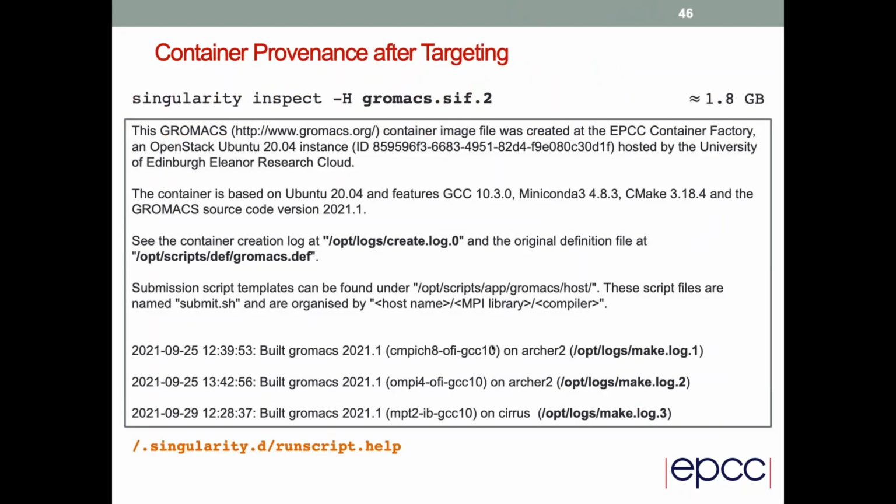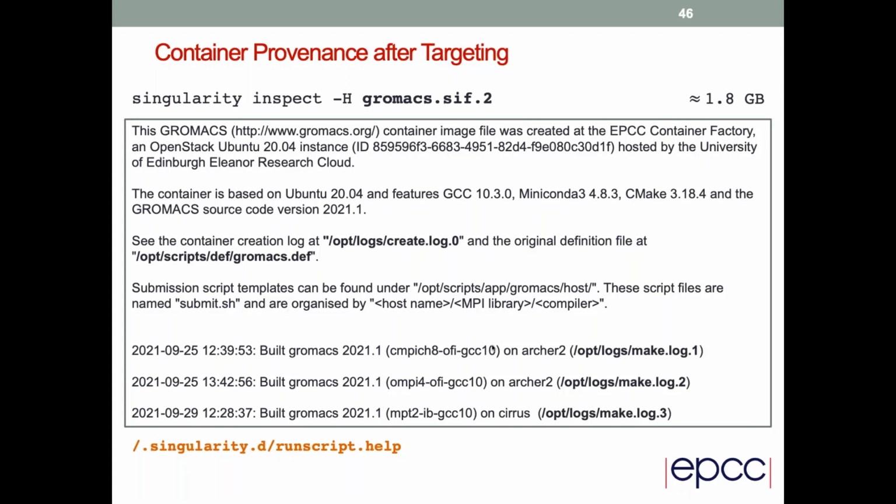And so if I go back to the provenance information that I talked about before, what you're seeing now is the same information that you saw when I first created the script, but down below you've got 3 extra lines that show the output from 3 successful targetings. The first 2 were both to Archer 2, for Cray MPICH and for the Open MPI library on Archer 2.